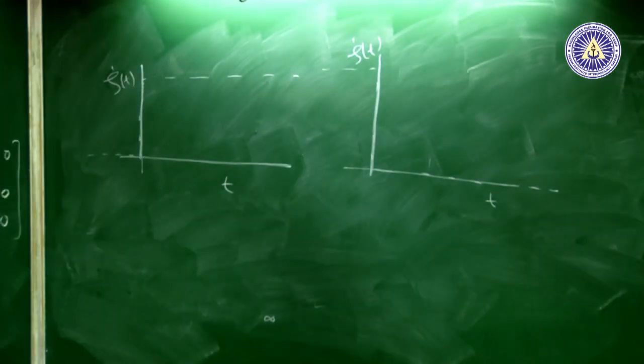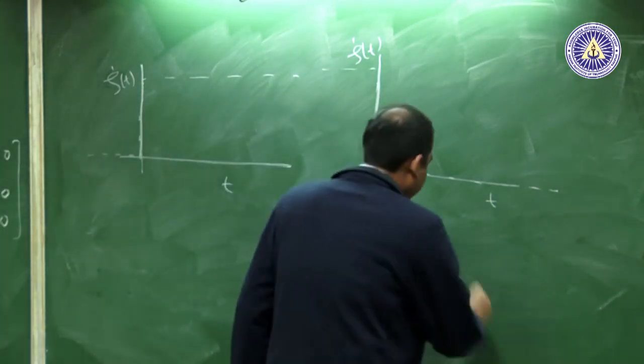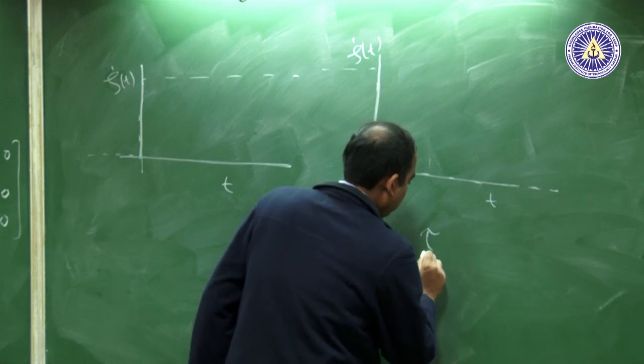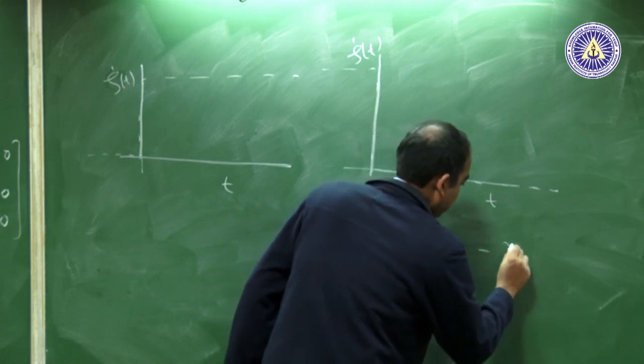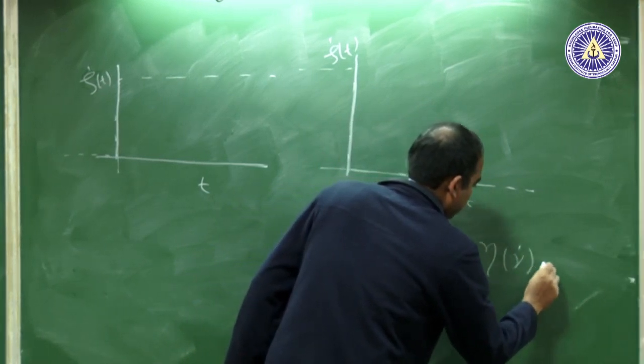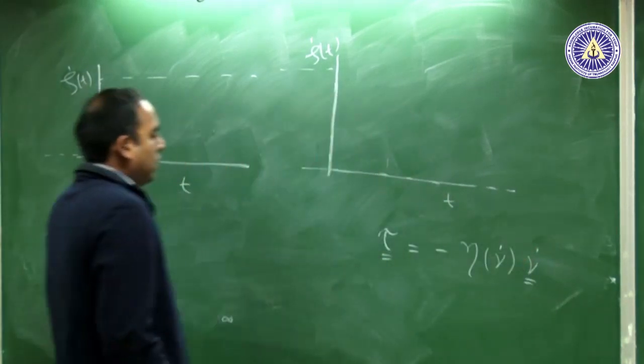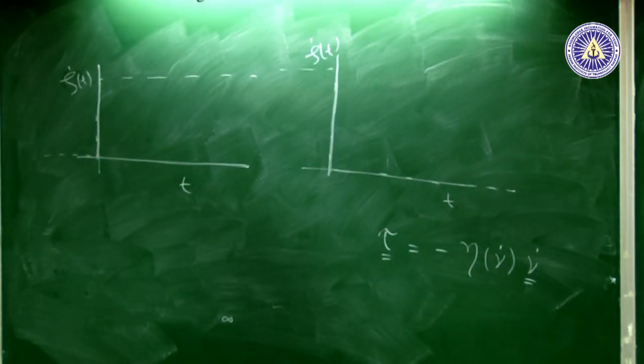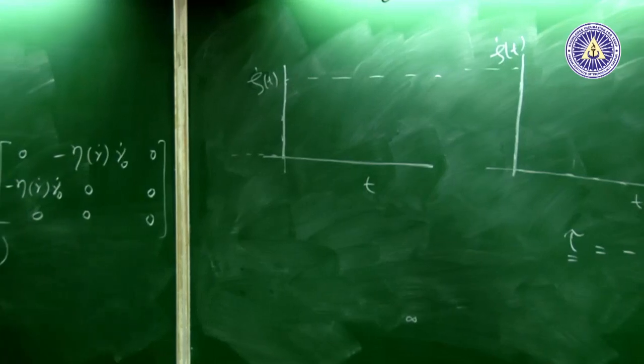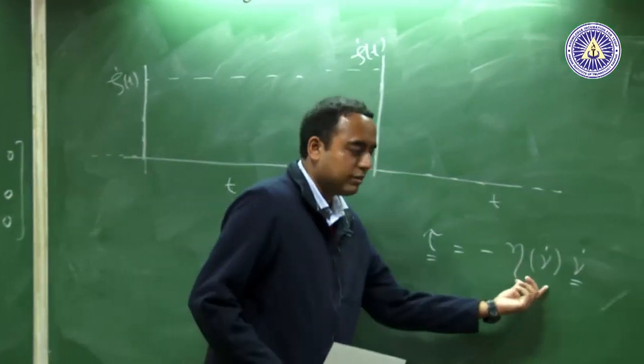Now, notice the structure of the generalized Newtonian fluid. It is essentially very similar to the Newtonian fluid, except that I am correcting something for the viscosity.